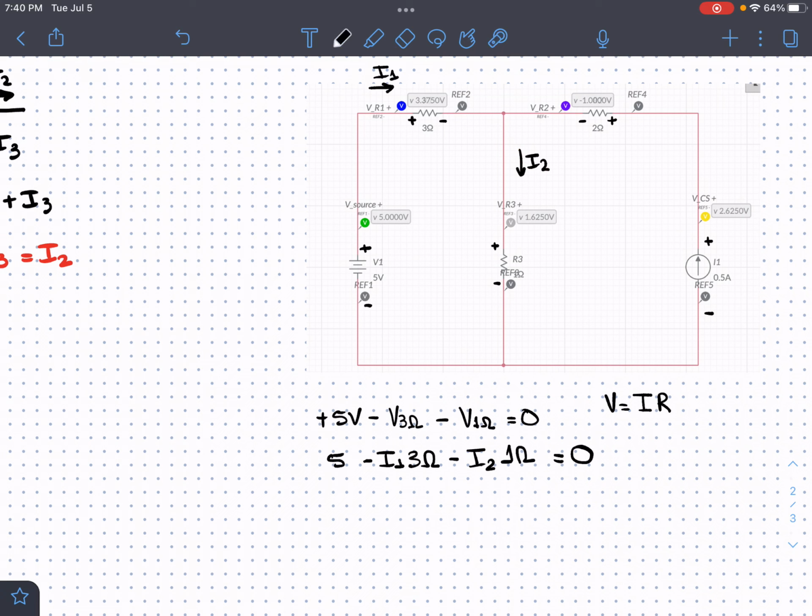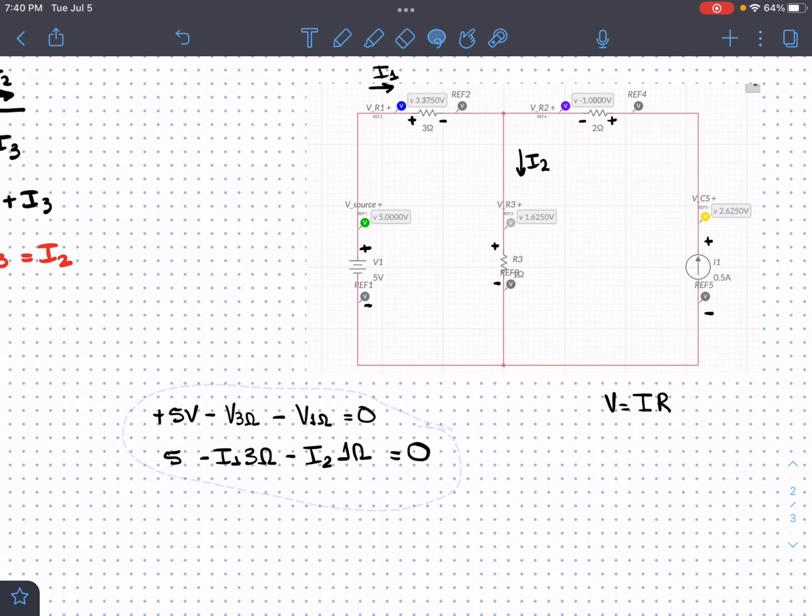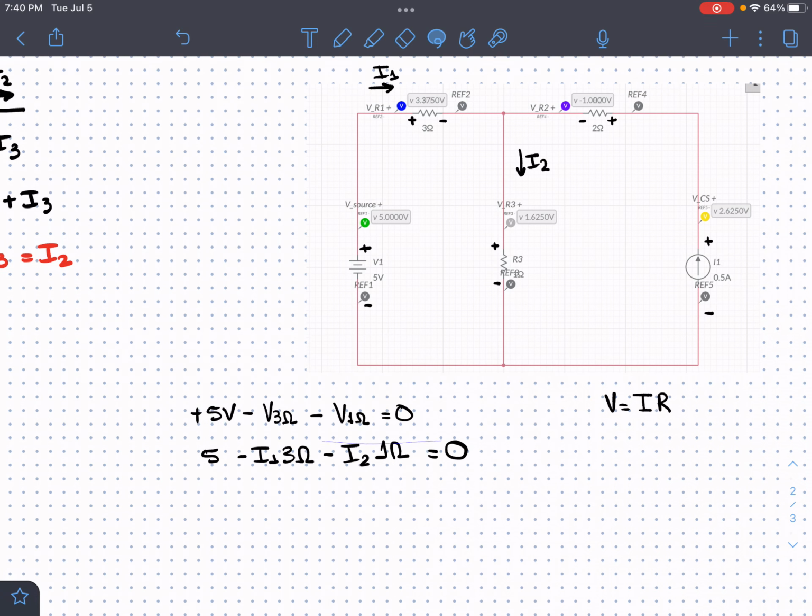So I said that we were going to see Kirchhoff's voltage law in action, and I'm going to show it based on this step. So 5 volts over here, the voltage across the 3 ohm resistor over here, and here I put 2 little probes that are actually measuring the voltage.